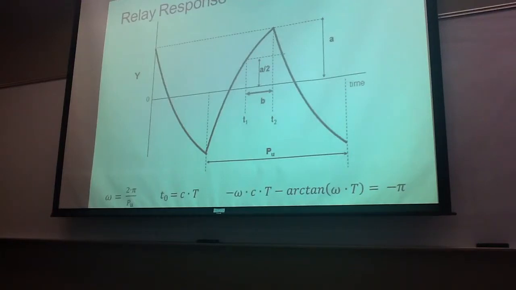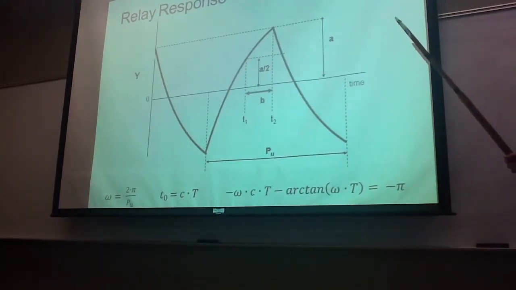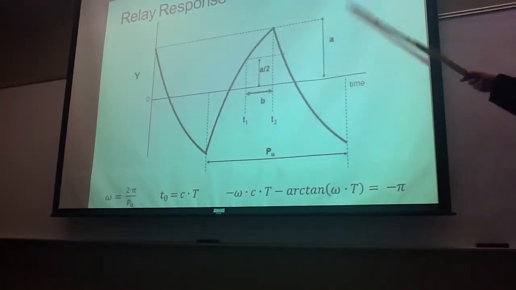And what do you do with this? How do you get parameters from this? Well, it's not pleasant. So you look at the different curves that you get, and you try to find different parameters based on those curves. One of the parameters based on your various curves is the ultimate period. And there's also this A thing.